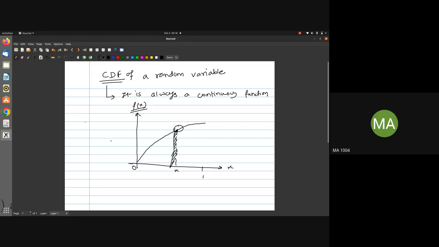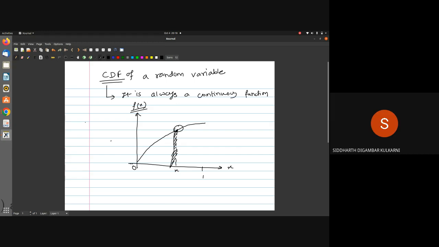Okay, fine. Let's suppose it is not a continuous function, as you are saying. But if you wanted to find the probability at any point, how will you find that then? Sir, if there is a jump in the CDF, that means that at that point there is a probability.